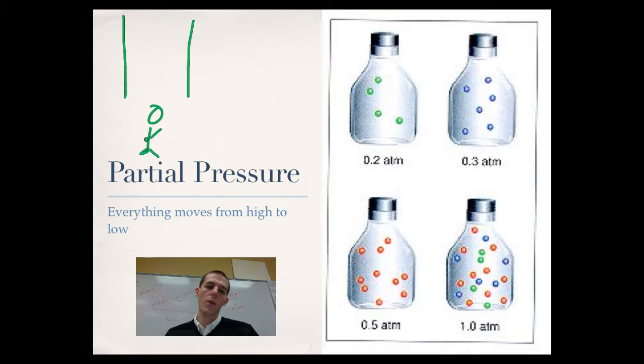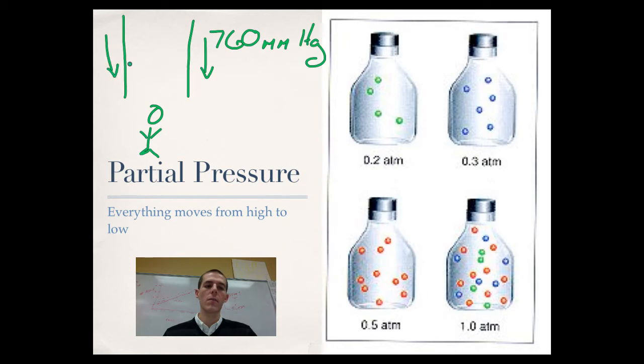And we will say that we are at sea level, so this column of air is exerting 760 millimeters of mercury worth of pressure. Millimeters of mercury is just a way of measuring atmospheric pressure. 1 atmosphere, sea level, is 760 millimeters of mercury. So that is the total pressure that is pushing down on your head.